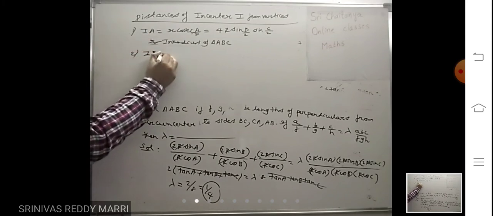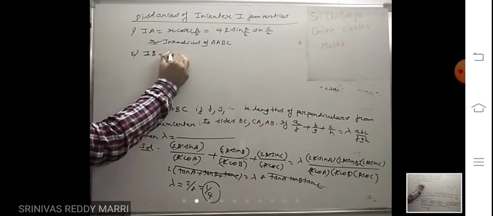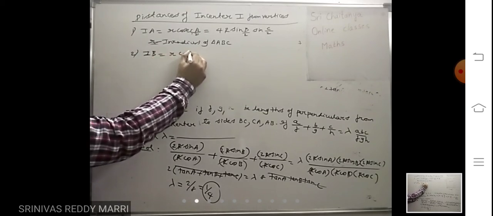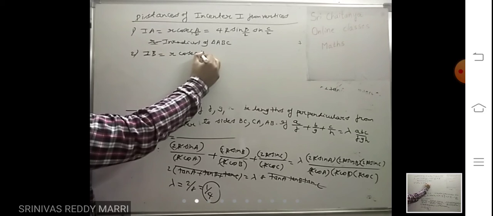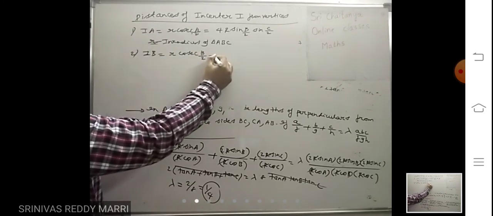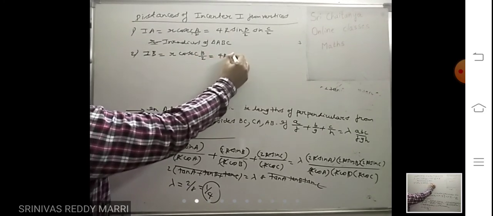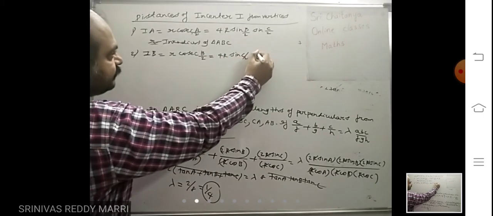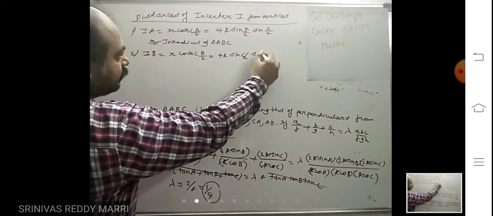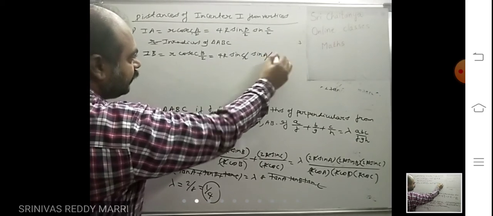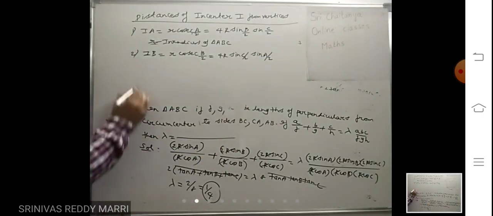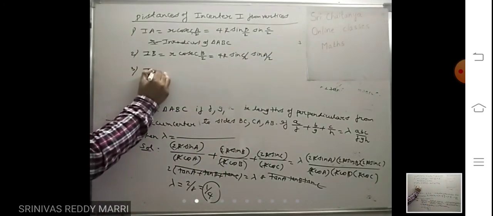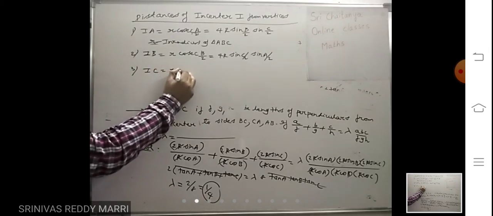Next, the distance of incenter I to the vertex B is r cosecant B by 2. This is nothing but 4R sin C by 2 sin A by 2. Number 3, IC.